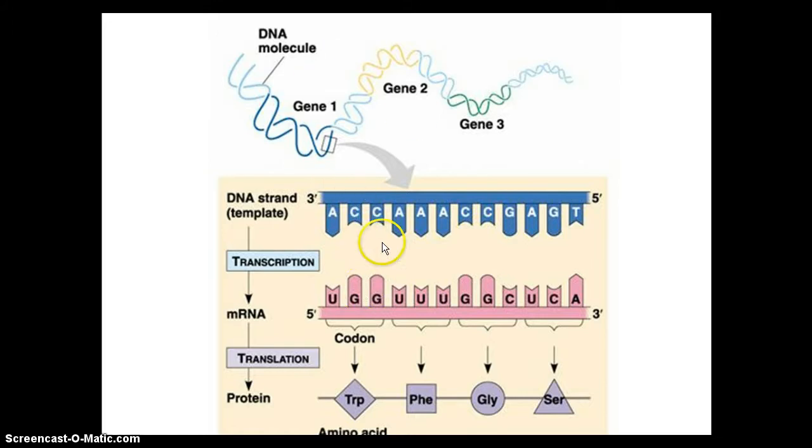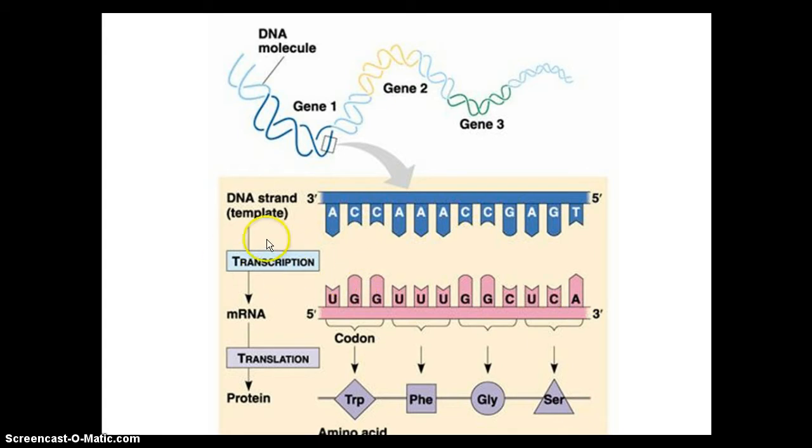C pairs with G. Again, A pairs with U. There is no thymine in mRNA. There's no thymine in RNA, period. C pairs with G. G pairs with C. Again, A pairs with U. G pairs with C. And thymine, if thymine's on DNA, that pairs with adenine. There is adenine on mRNA.